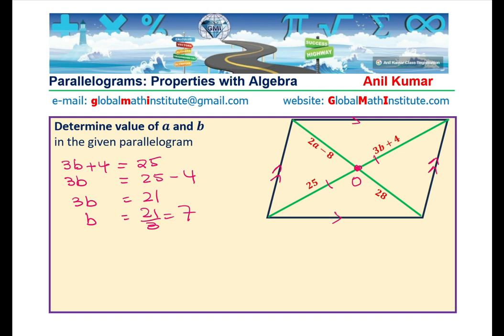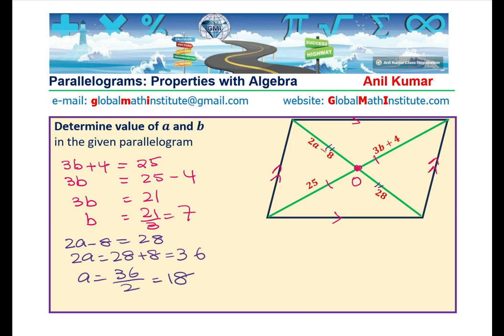Similarly, we can find from the other diagonal: 2a minus 8 equals 28. 2a equals 28 plus 8, which is 36. So a is 36 divided by 2, or 18. So we get the value of a as 18 and b as 7.